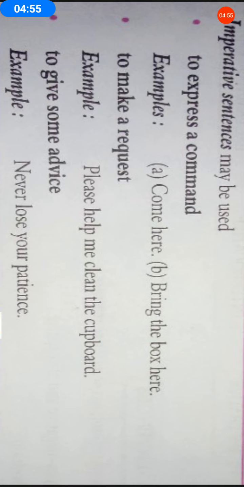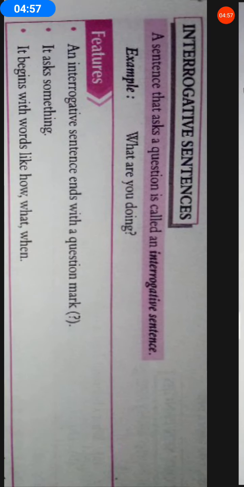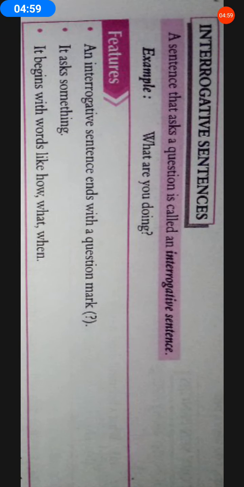Next let us know the next kind of sentence, the interrogative sentence. Among those kinds of sentences, one more is the interrogative sentence. Which kind of sentence is known as an interrogative sentence? A sentence that asks a question is called an interrogative sentence. Interrogative itself expresses it, isn't it? Observe this example: what are you doing?